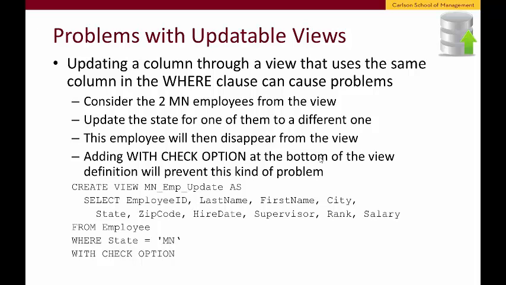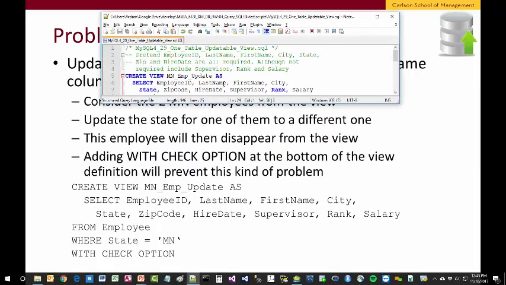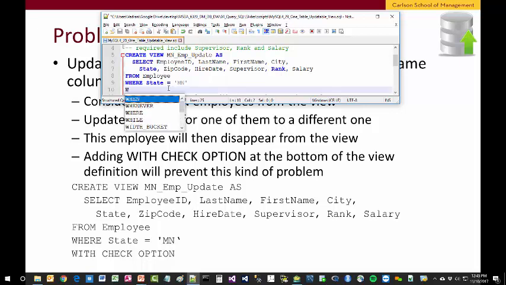So if we rerun this update query, and to reverse the action, in order to prevent this from happening, we need to add the WITH CHECK OPTION at the bottom of this view. If we were to do all this, which I'm skipping for brevity, we would add WITH CHECK OPTION at the bottom, which would then prevent changing whichever of the two employees you picked to Ohio.